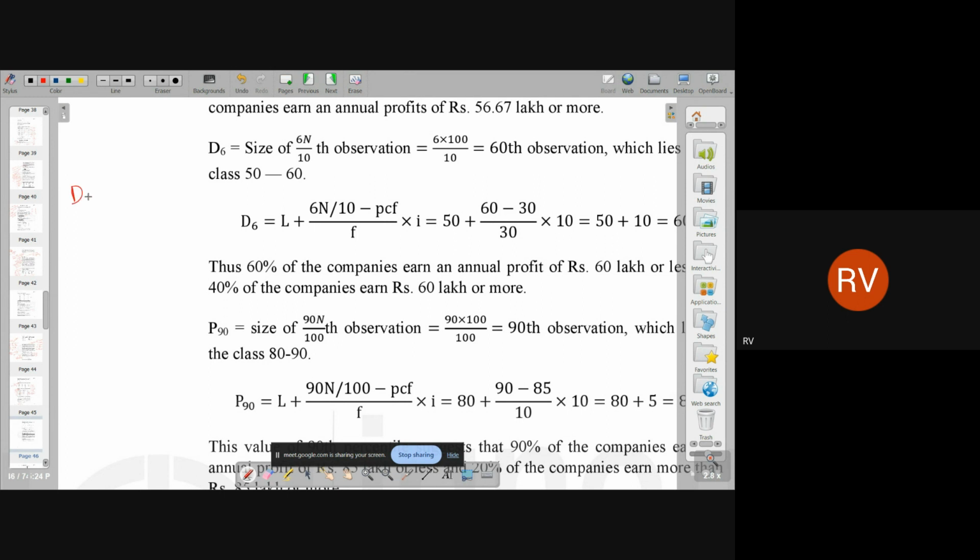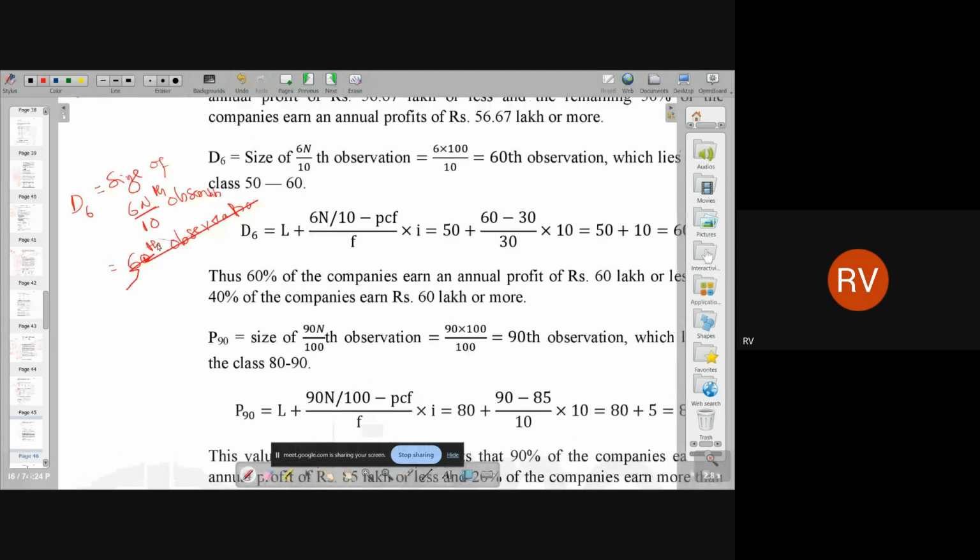the size of the 6n by 10th observation. That is the 60th observation, that is 60%.